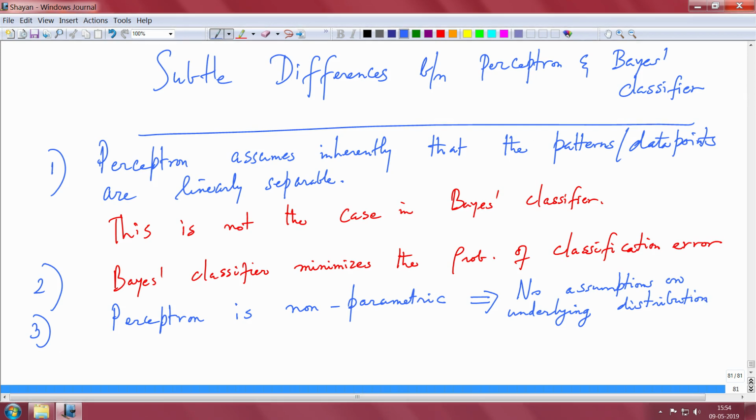There are ways in which we can estimate the distribution, whereas if you think about the Bayes, Bayes classifier is parametric.